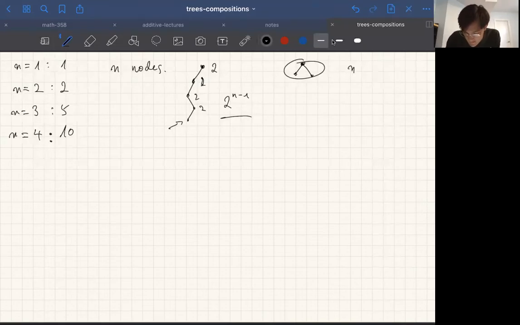Also, this is assuming that n is greater than or equal to 3, because you can't even have the 2 kids at the top when n equals 2. So what is this? Well, there are always n minus 1 edges. So I think it's 2 to the n minus 3, right? Because there are n minus 3 edges that can fall either left or right. So there's 2 possibilities in each case, and so there's 2 to the n minus 3 ways of that happening.